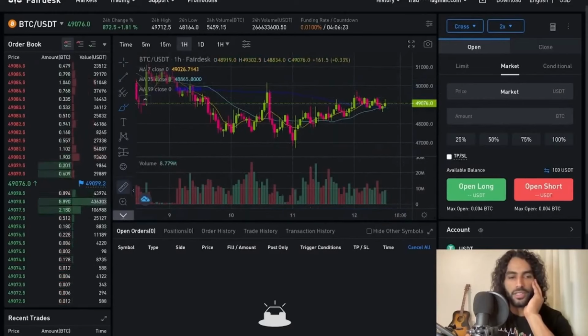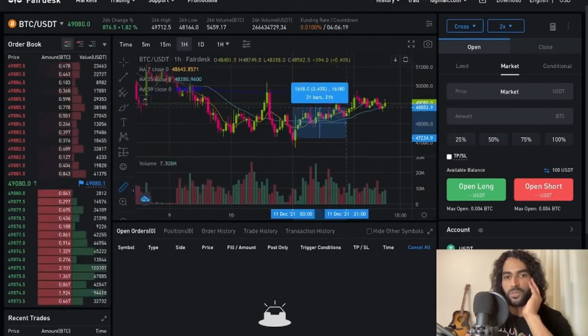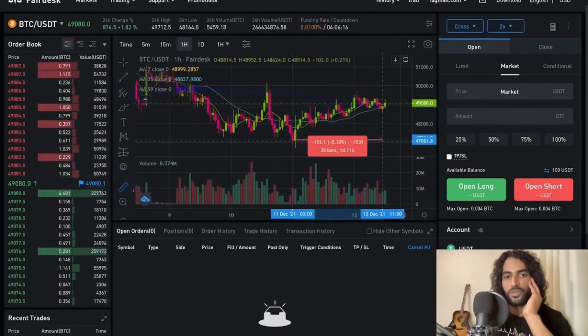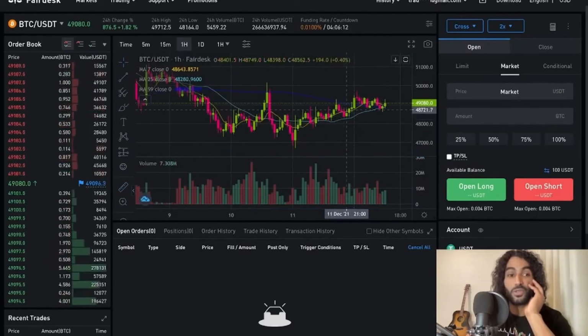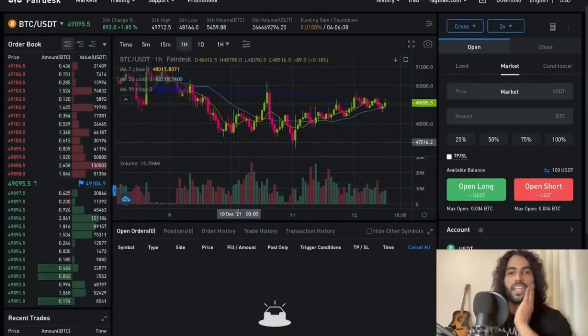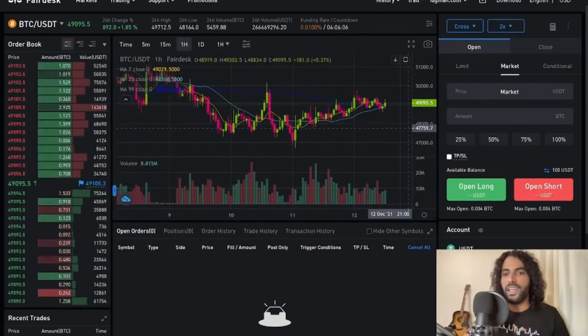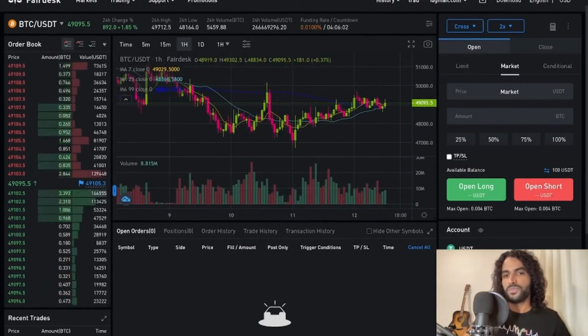And here is the measure tool. You can measure how much percentage you risk and how much percentage you gain. So everything is here and perfect as on TradingView. That's what I like. So let's try to open a trade for BTC USD Tether.